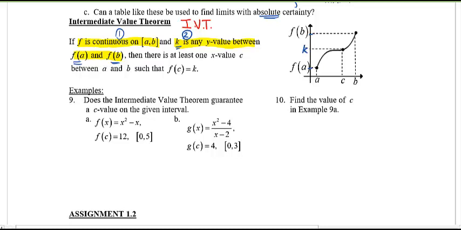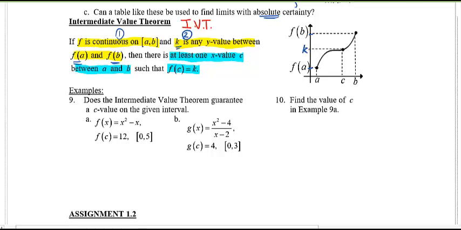So if you have these two conditions met, then here's the conclusion of the theorem: there is at least one x value, which we call c, and that c is between A and B such that if I find the y value at c, it's equal to k. So in essence, they're saying, look, the function's continuous.